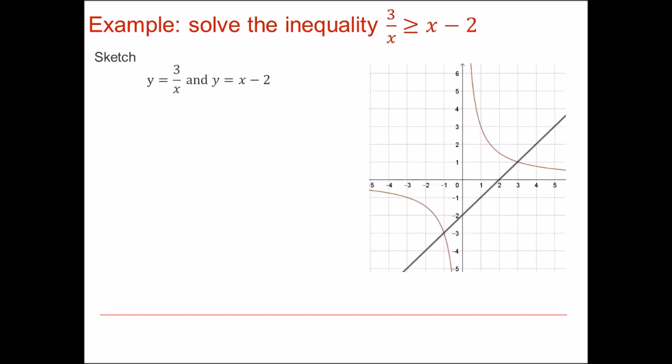The red one there is 3 over x, and the black straight line is y equals x minus 2. Remember, it is just a sketch. You don't need to plot these accurately, because we're going to find the points of intersection by an algebraic method. To do that, we need to solve the equation 3 over x is equal to x minus 2.